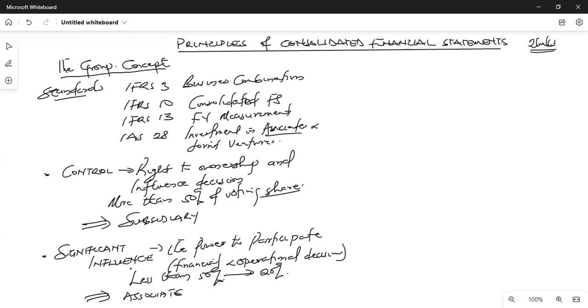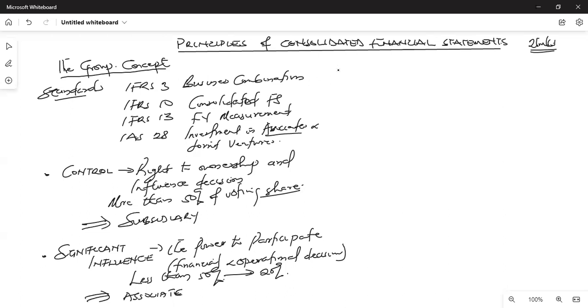Now, if somebody has gone to acquire a company and is owning more than 50%, or up to 50%, which is an associate, we are talking about subsidiaries, and what is going to happen is that they now need to combine. So whoever bought or controls one or more subsidiaries is what we call the parent company.